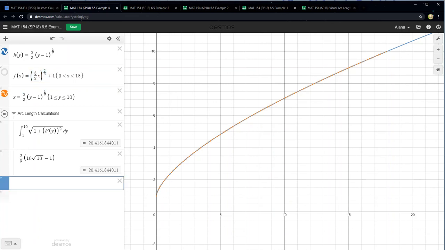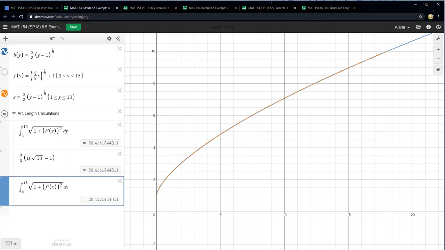So the integral from 0 to 18 of the square root of 1 plus f prime of x squared dx. So it is the same, but it's not something we would want to find by hand, right? It's too difficult an integral to do by hand.